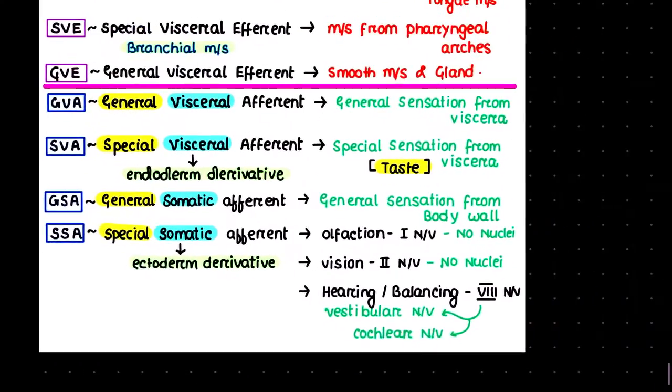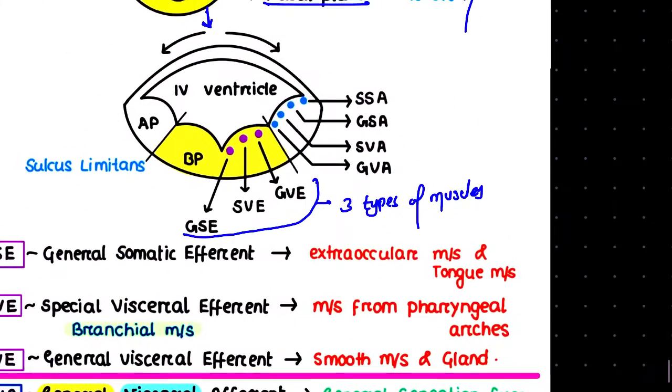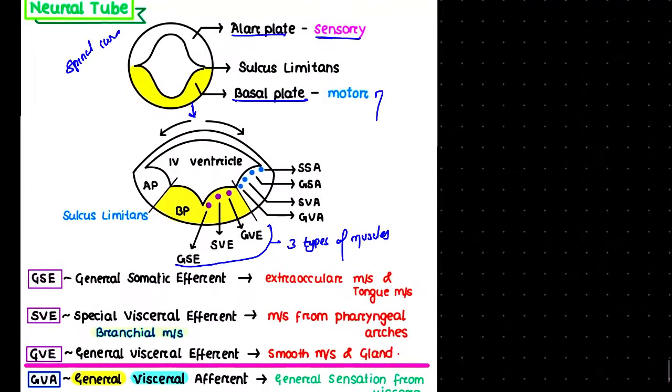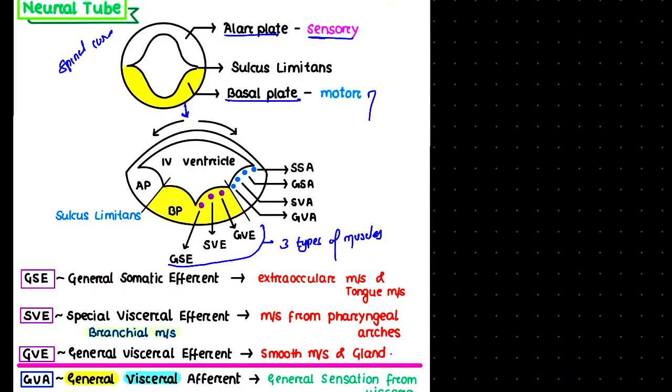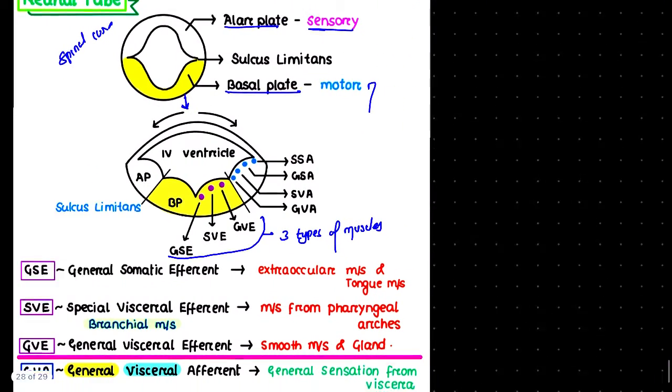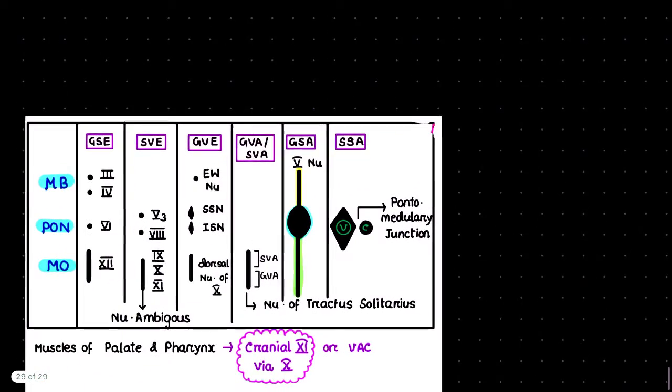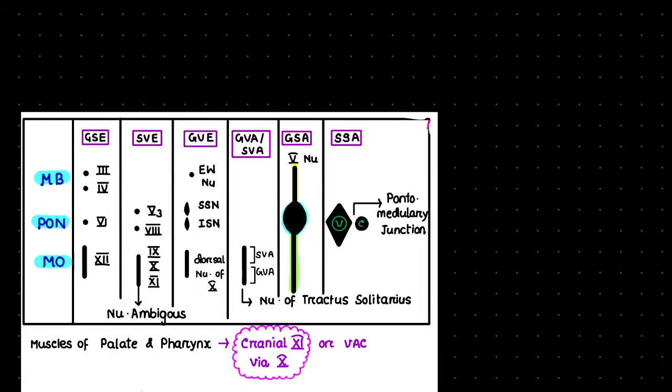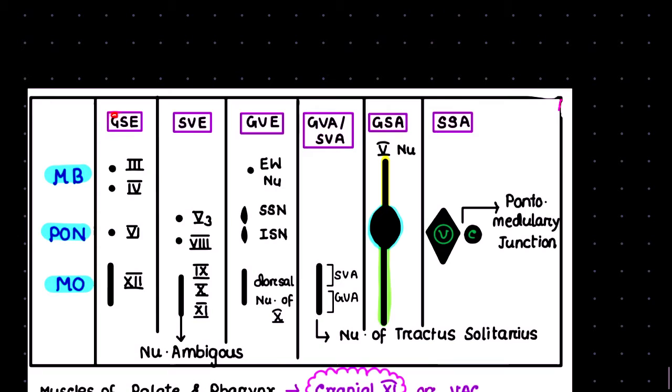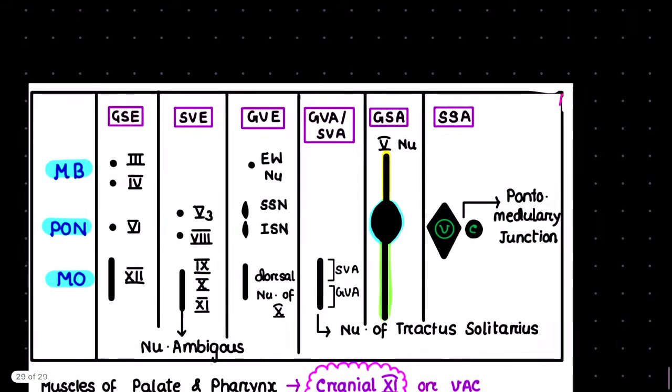Okay, so this was general knowledge about all these things. Now we'll look toward individual columns, as you can see, and we'll look toward the nuclei, as you can see in this diagram, and the location of the nuclei in the various parts of the brainstem.